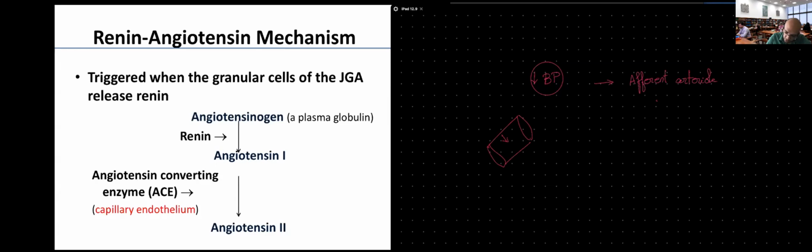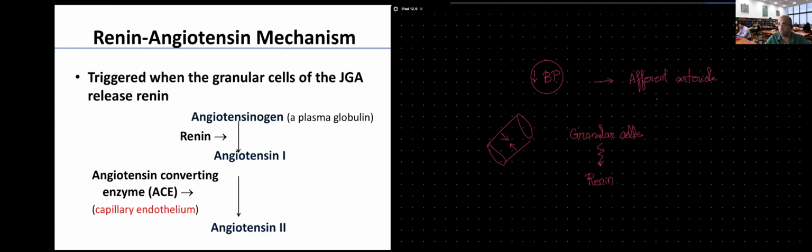Remember, if I don't have enough stretch to the wall of the afferent arteriole, the granular cells will detect this decline and will start to release the granular content, which is my renin.